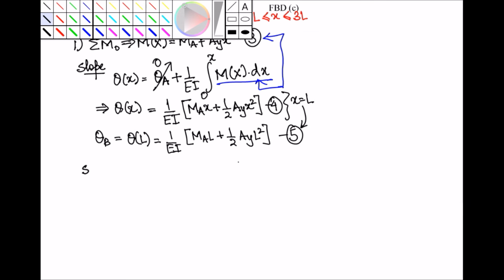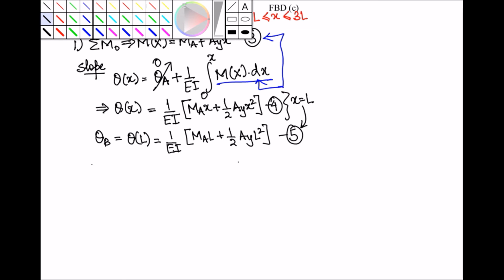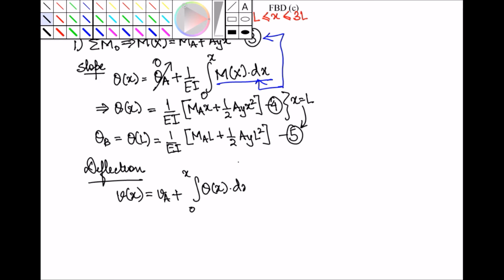To calculate the deflection function, we have v of x equal to v of A plus the integral from 0 to x of theta of x dx, where theta of x is the slope function in the interval 0 to L, which is what we have in equation 4.